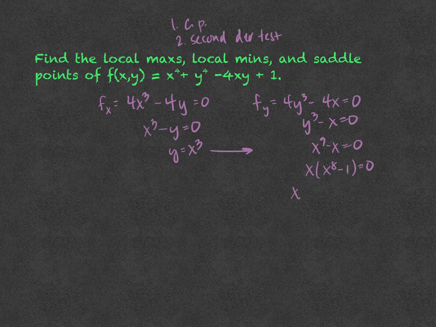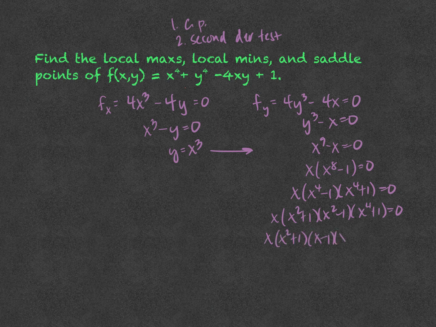This factors into x times x to the 4th minus 1, times x to the 4th plus 1. Then we have x squared plus 1, x squared minus 1, and we keep all the pluses here. x squared minus 1 factors into x minus 1, x plus 1.